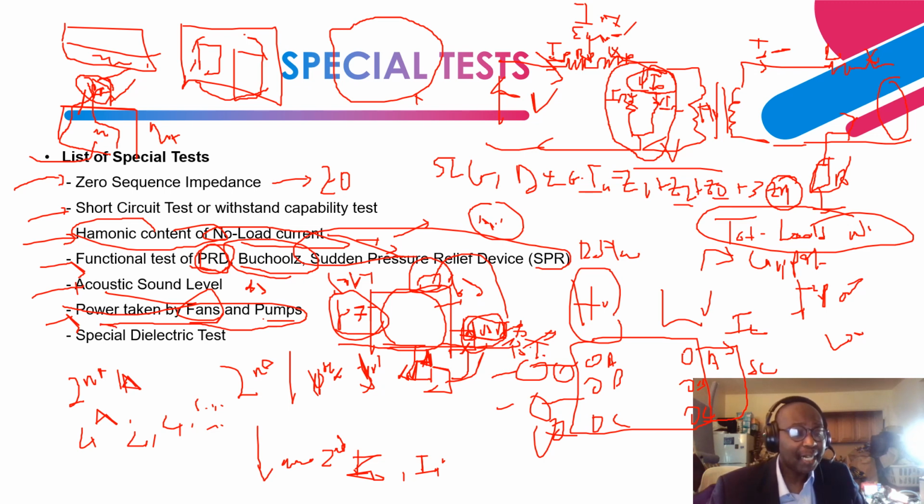So the last one is the special dielectric test, and the special dielectric test is the dielectric frequency response. This is basically a frequency range, from millihertz to, let's say, kilohertz to megahertz, and the power factor of the paper insulation and the oil insulation is determined.